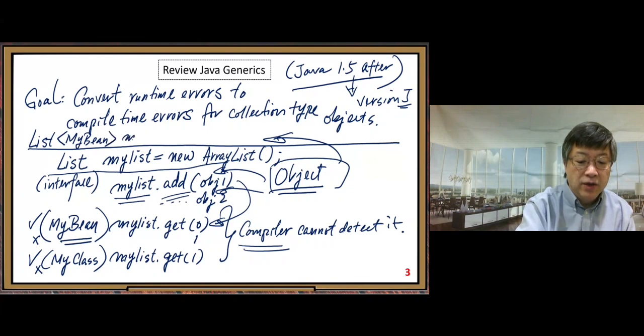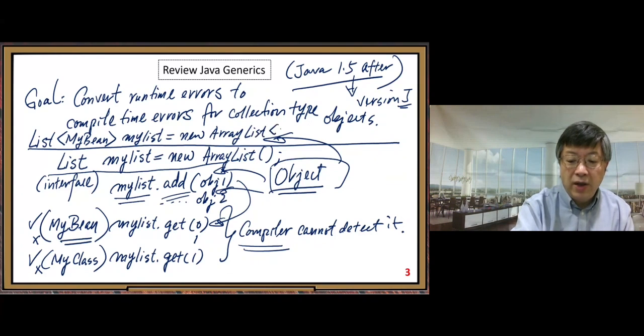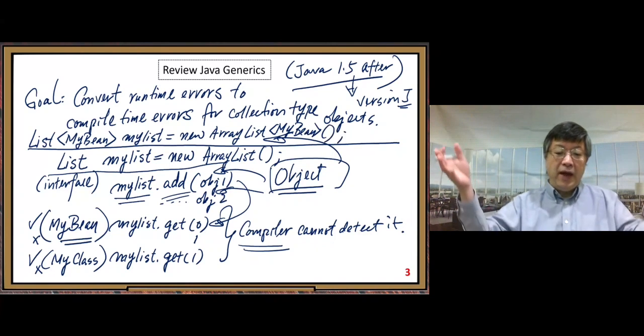So myList equals new ArrayList<MyBean>(), the constructor that way.